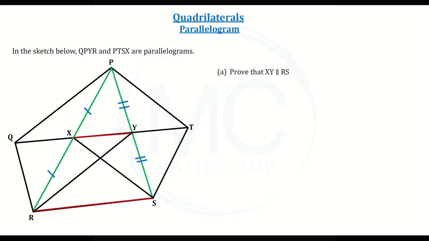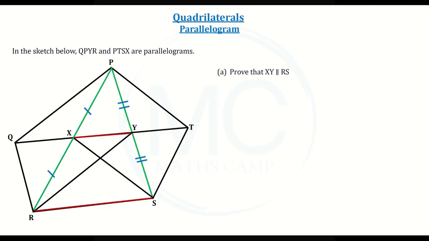In order to use the midpoint theorem, we need to prove that X is the midpoint of PR and Y is the midpoint of PS. We have just proven that PX is equal to XR, which means that X is the midpoint of PR. We've also just proven that PY is equal to YS, so Y is the midpoint of PS. And we can use the midpoint theorem and consider triangle PRS.